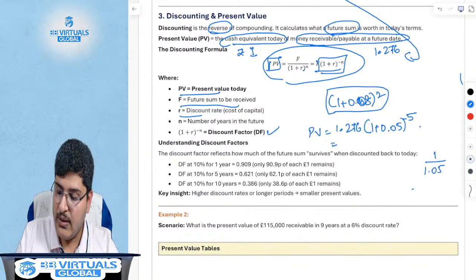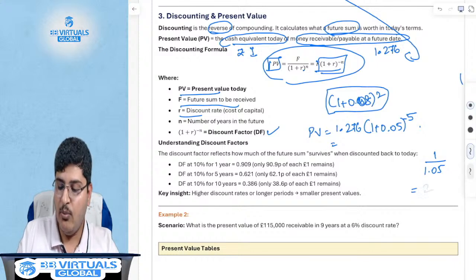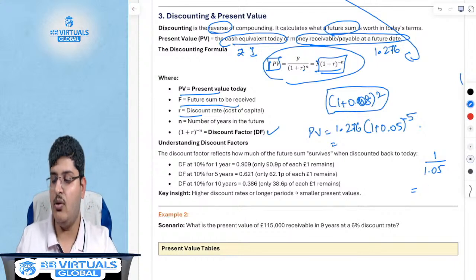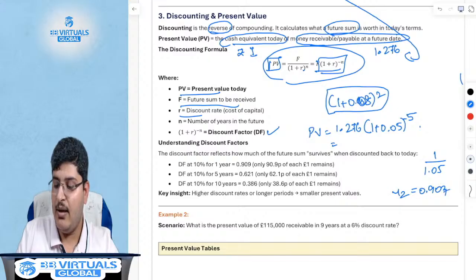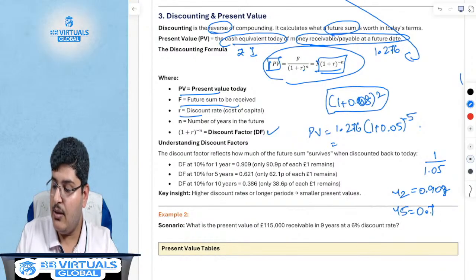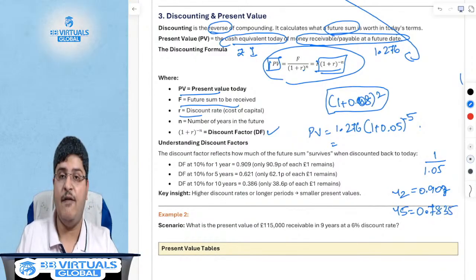If you keep doing this for year 2, you just have to press equal to on your calculator, then the number will be 0.907. If you keep pressing equal to for the 3rd, 4th and 5th time, for year 5, this number will be 0.7835.